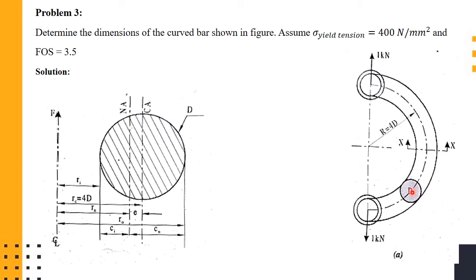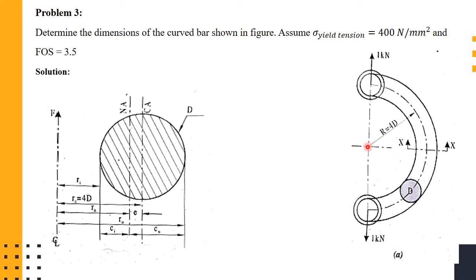As it is given here, this is the circular cross section of diameter D. So the diameter is D. And you can see this is the inner surface, and this is the outer surface, right?